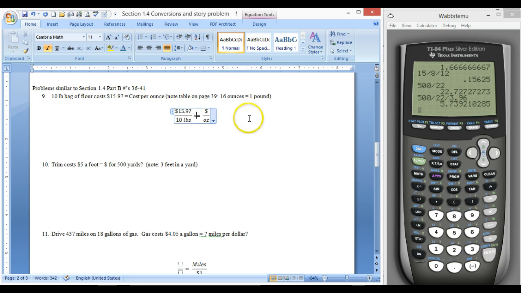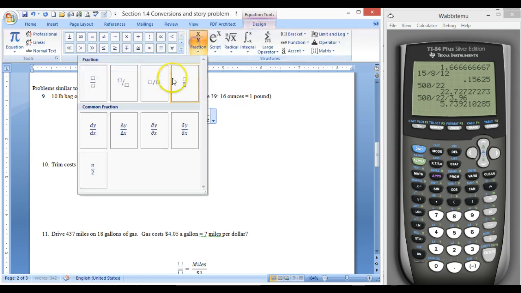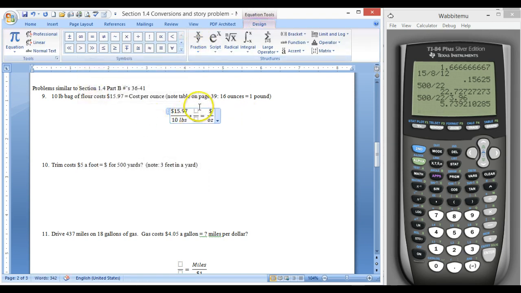Now I need to multiply that by some sort of conversion. I've been told that I want dollars over ounces, and I have dollars, so I don't want to mess with that, but I do want to get rid of these pounds and replace them with ounces. So if I have pounds on the bottom, I need to put pounds on the top.